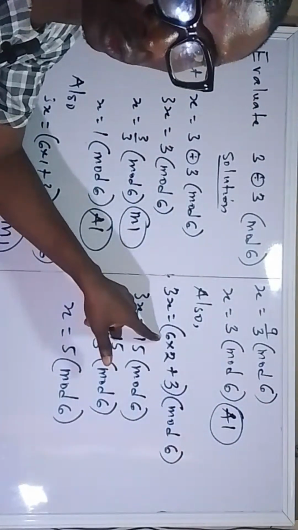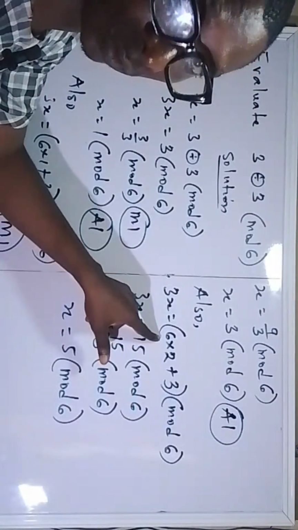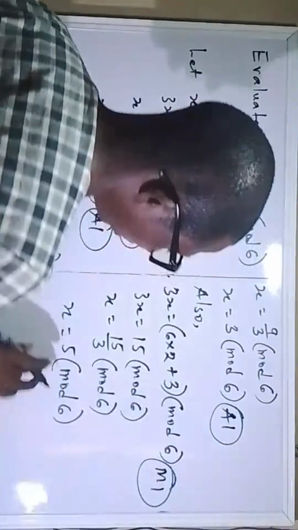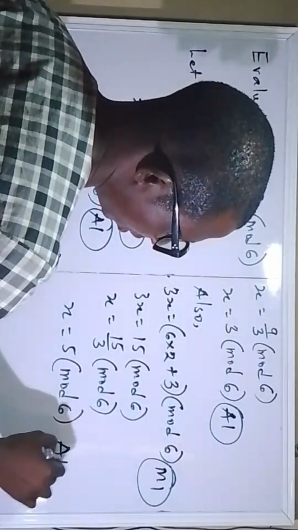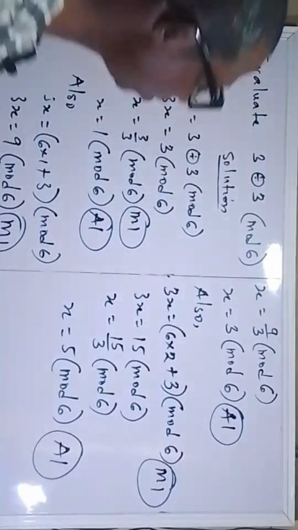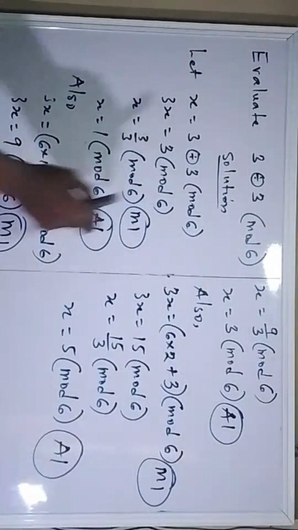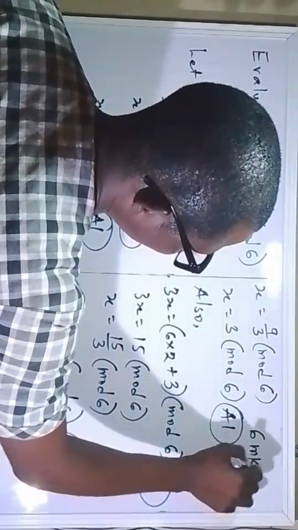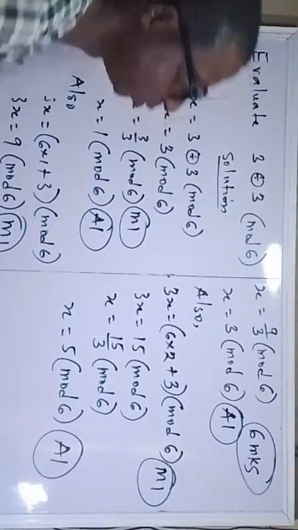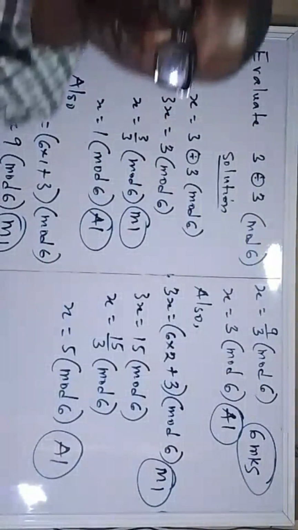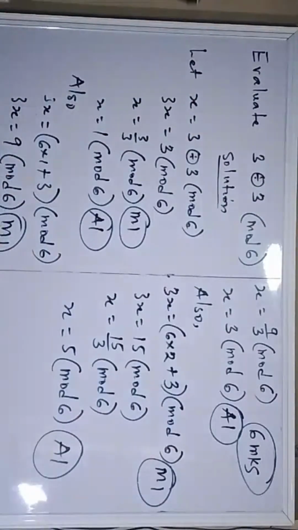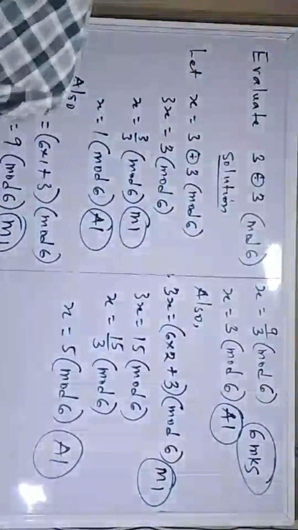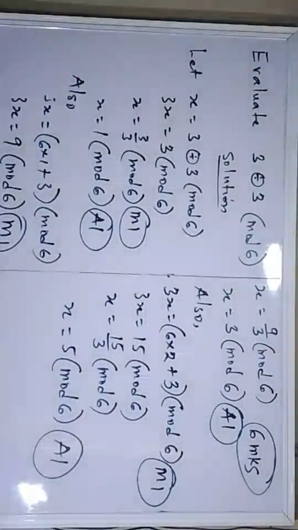We have added 2 sixes, which is valid, so we have M1, and for getting the answer, A1. All right, so how many marks altogether? 1, 2, 3, 4, 5, 6. So we have 6 marks altogether. All right, so we can go through the question and the solution before we move to the next question.